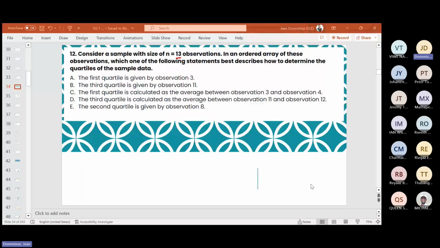So 13 plus 1 divided by 4 will give us something like 3.5. And 3 times 14 is 42 divided by 4.